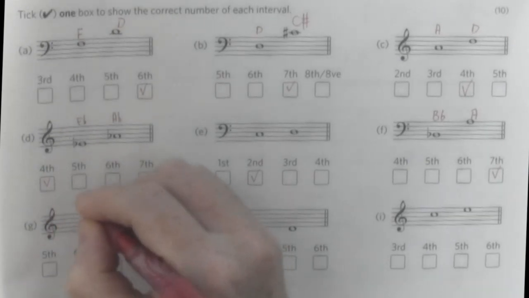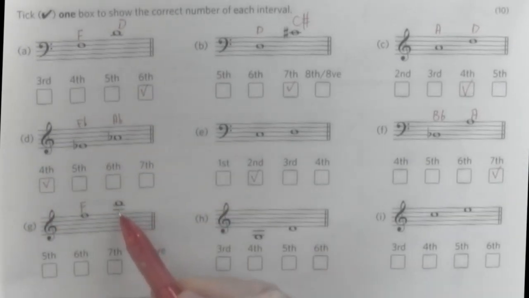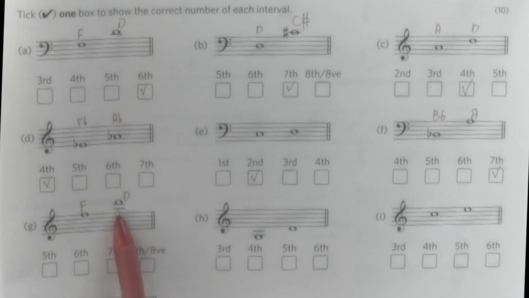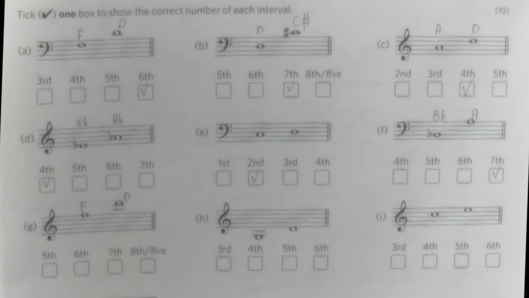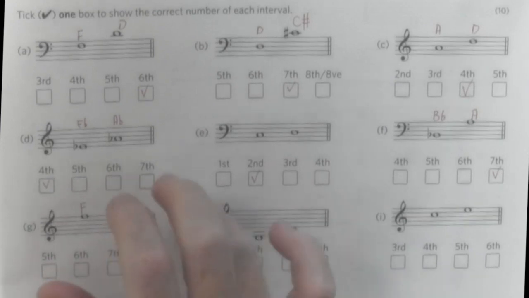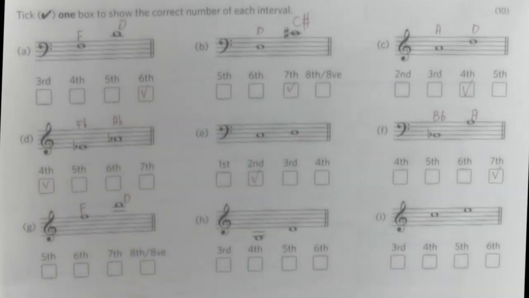This is Fa, and this is La, Si, Do, Re, D. Okay, again, I count from here, or you might know that this is Sol, Sol, La, Si, Do, Re. Then we count. Fa, Sol, La, Si, Do, Re. A 6th.